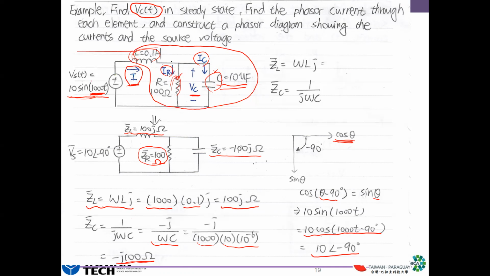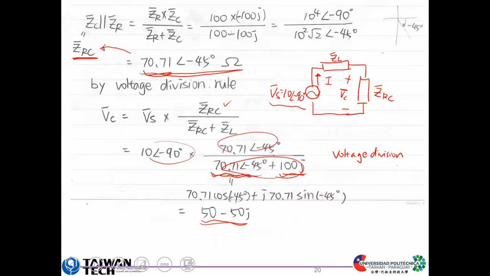Once we calculate it, I equals the phasor of Vs divided by the impedance of the equivalent circuit, and then we can have I. And this I is the current flowing through the inductor. So let's try this.